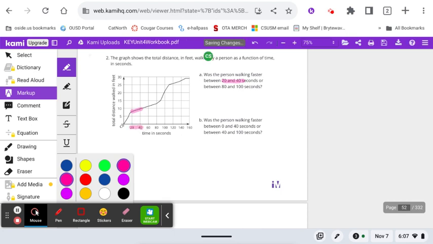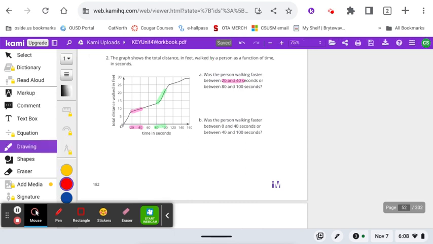And is that faster or between 80 and 100? Well, between 80 and 100, it goes up higher than here to here. And notice it's still an interval of 20 seconds for each.